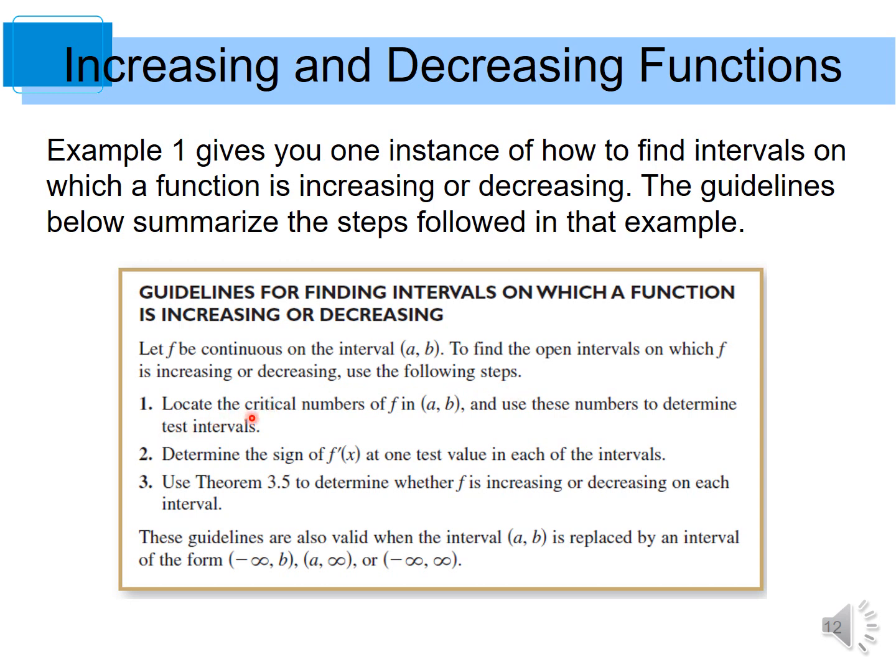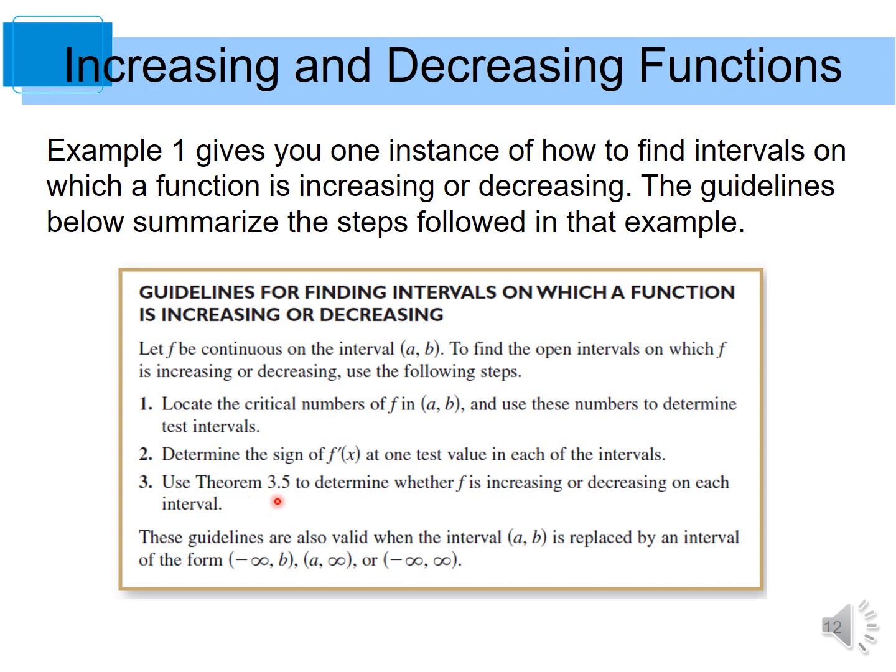First, locate the critical numbers of f in the open interval (a, b), and use test numbers to determine test intervals. Second, determine the sign of f prime of x at one test value in each of the intervals.